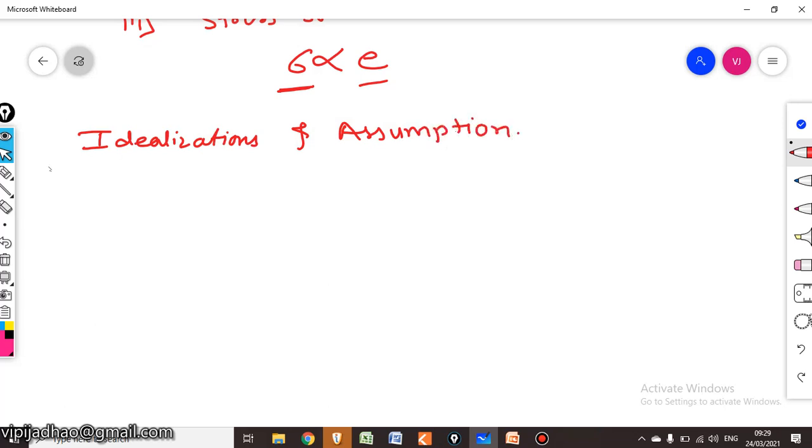Okay, so let us consider we are constructing a structure using RCC, that is reinforced cement concrete. Now in RCC we will be using lots of different materials. We will be using steel and concrete.